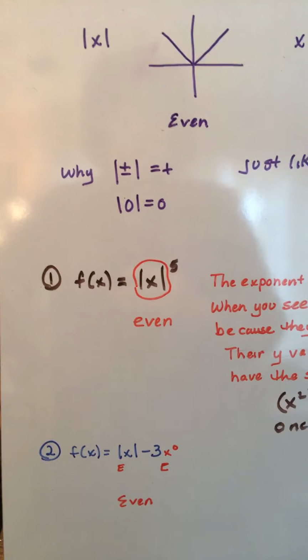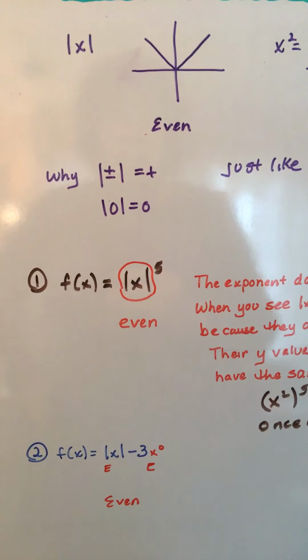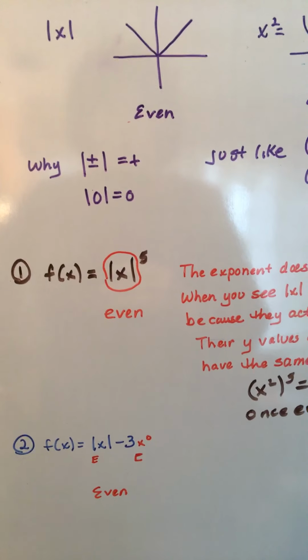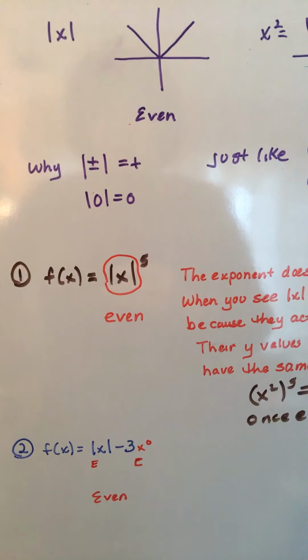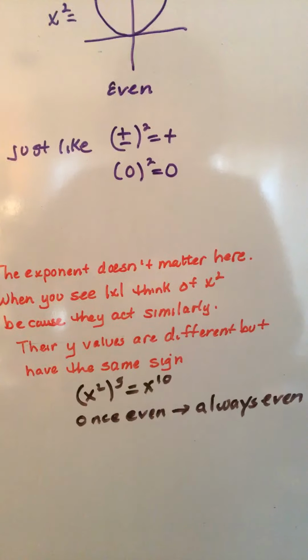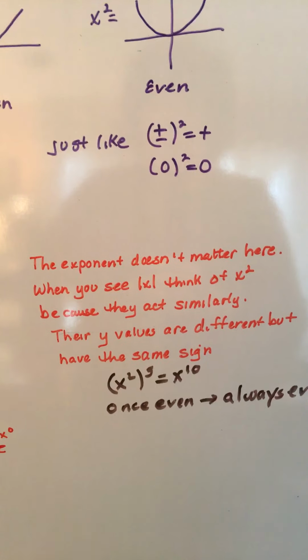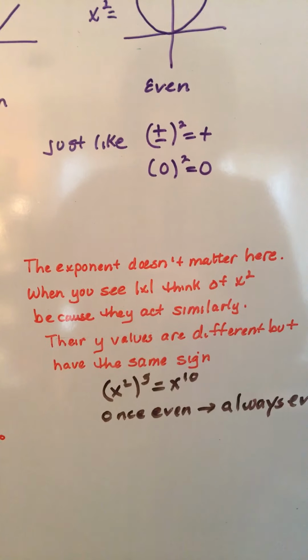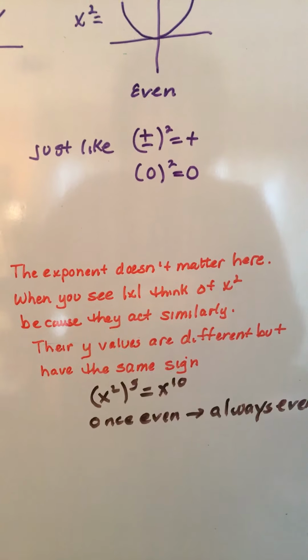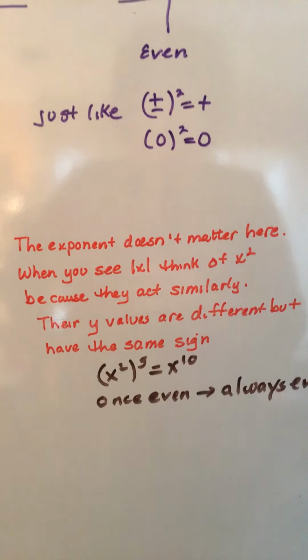So when I see f of x equals the absolute value of the quantity x to the 5th power, it's even because the absolute value of x is even. Now, the exponent doesn't matter here. When you see an absolute value of x, think of x squared because they act similarly. Their y values are different, but they have the same sign.